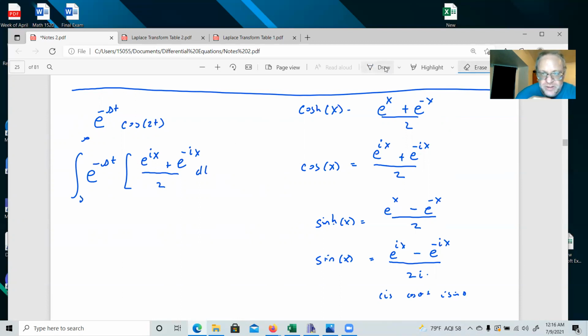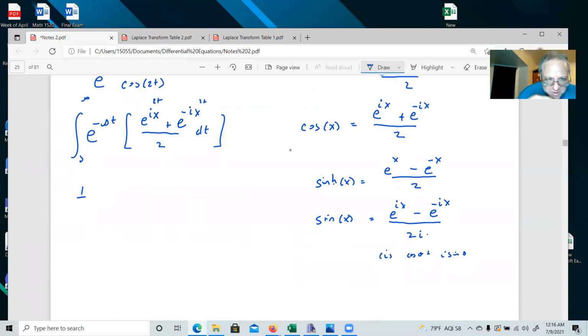Actually, x is, in this case, 2t. So we'll go back in a minute. Okay, let me clean this up and say we have 1/2. That's the 2 here. 0 to infinity, e to the negative st. And here we have e to the 2it plus e to the negative 2it. All right? And we're just going to treat i as a constant because it is.